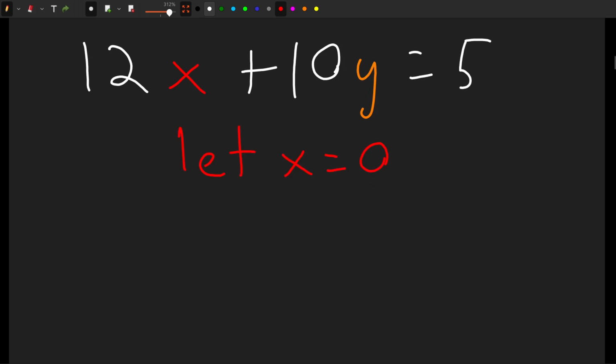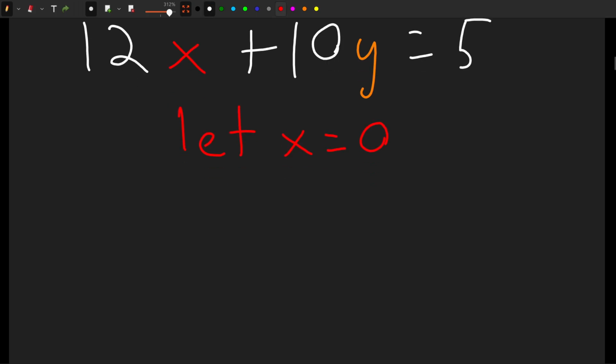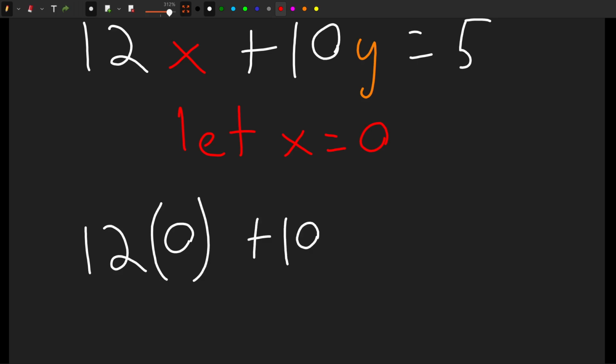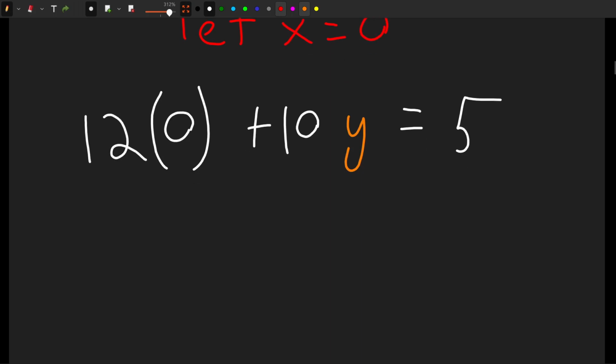And so then that means I'm going to get 12 times 0 plus 10y is now equal to 5. 12 times 0 is 0, so I just get 10y is now equal to 5. And then I'm going to divide both sides by 10.